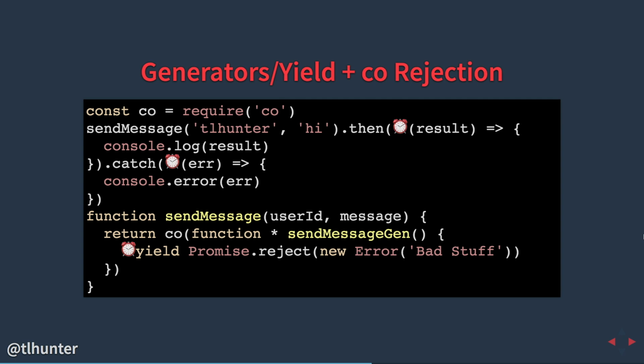The example code I showed you earlier was very flimsy. I think it would just explode and stop working if a rejection were to happen. However, with the co library, it makes it convenient for us. Again, the send message call with our then method and the catch method is exactly the same as with the promise code, but we have this simpler call to the code generator.